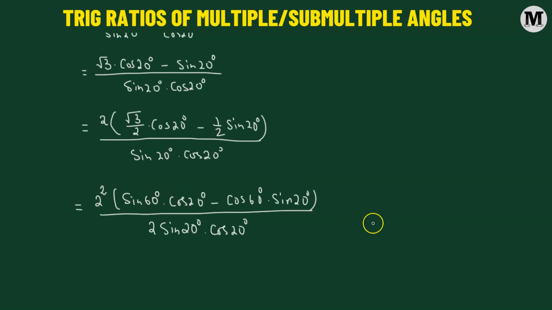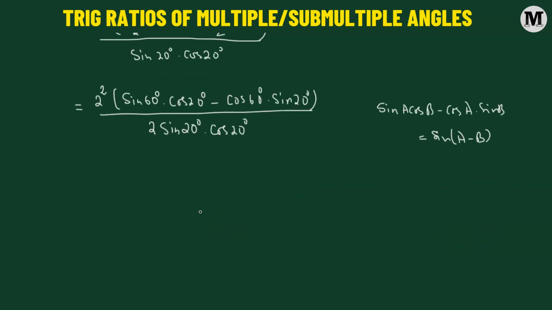Now, in the numerator, what we have is the formula sine A cosine B minus cosine A times sine B, and that equals sine of angle A minus B. So in our case, we have A corresponding to 60 degree and B is 20 degree. So we have 4 multiplied to sine of A, which is 60 degree, minus B, so that's 20 degree, divided by 2 times sine 20 times cosine 20.